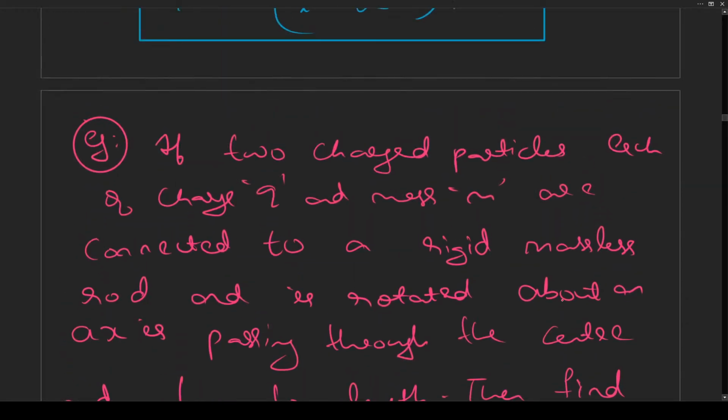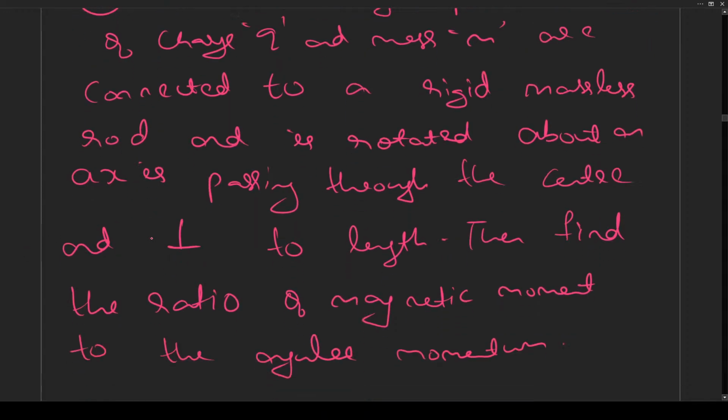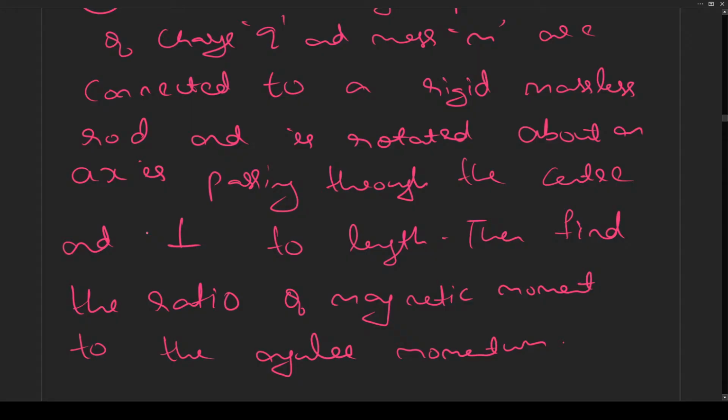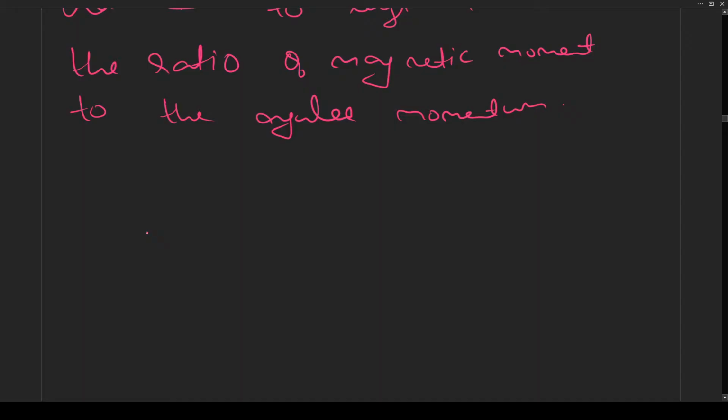They're saying that if two charged particles, they have charge q and mass m, they're connected to a rigid massless rod, and this rod is rotated about an axis passing through the center and perpendicular to length. I think a rod is like this.